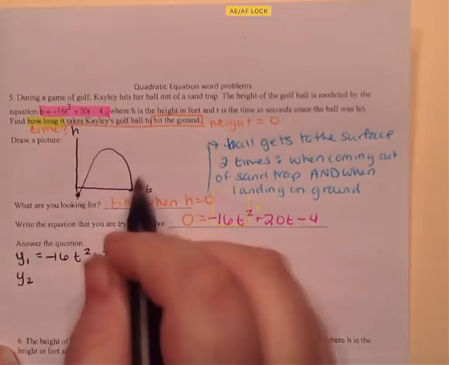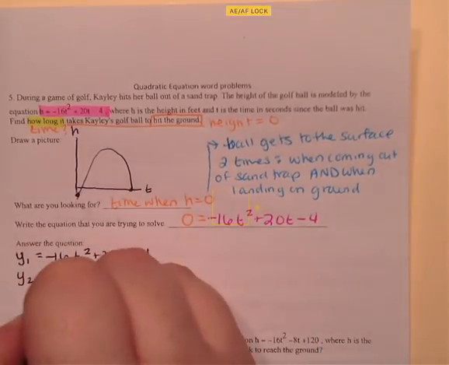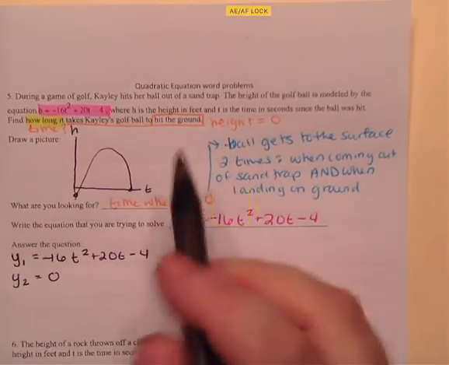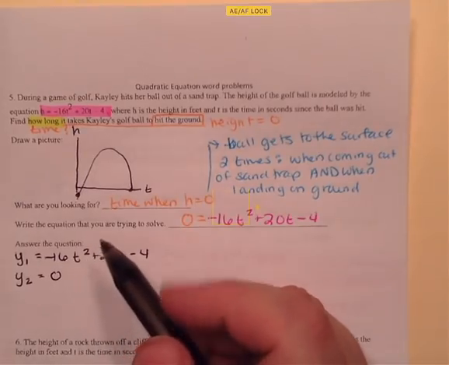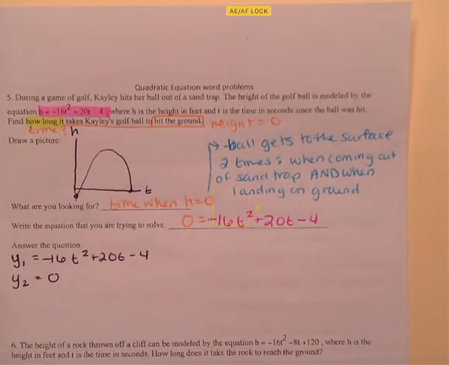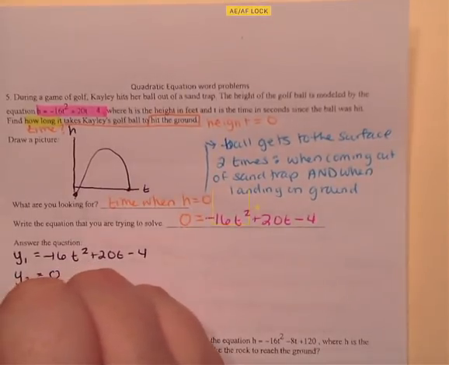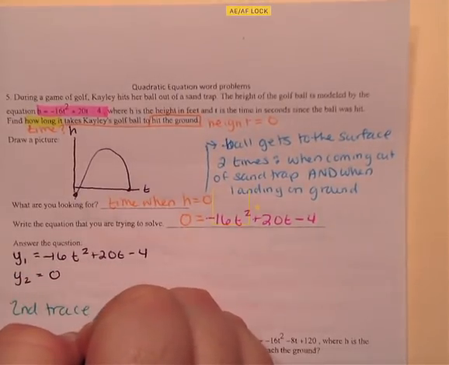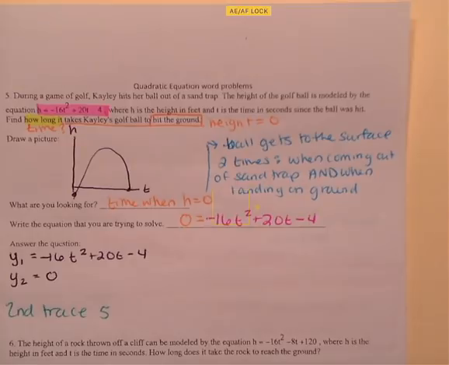Our y2, we want to find the intersection, so we will put that equal to 0. Anytime we have the height as 0, we do put y2 equals 0. So we'll do our second trace 5.